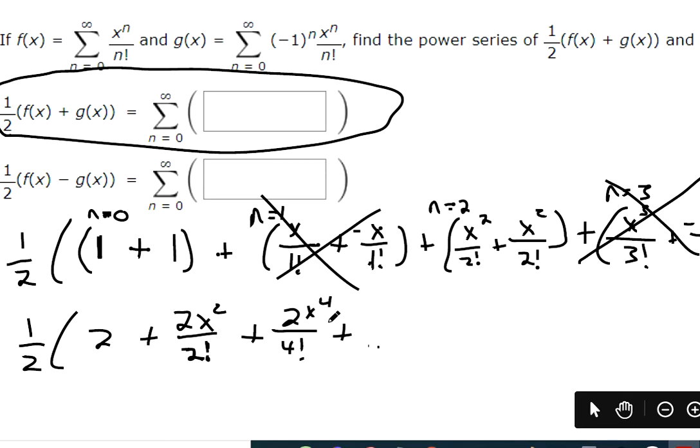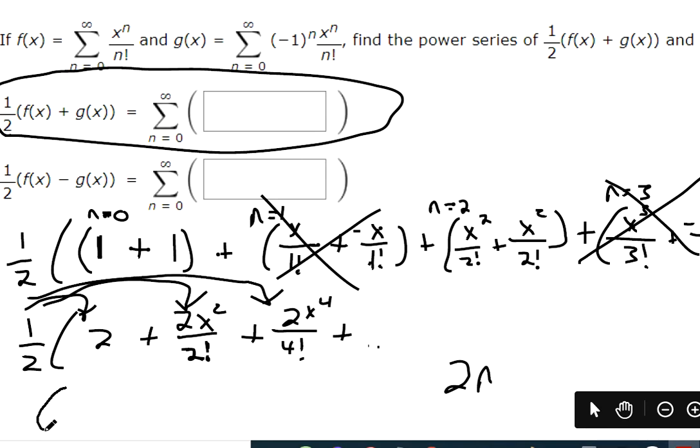So in math, we have a way of expressing an even number, right? An even number is 2 times any integer. So 2 times n will always be even. So what we're seeing for the series, and here maybe we can cancel out the 2's on top. If you distribute this 1/2, this is 1 plus x to the second over 2 factorial plus x to the fourth over 4 factorial.